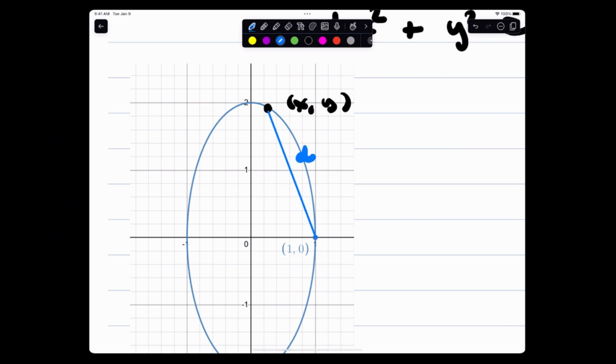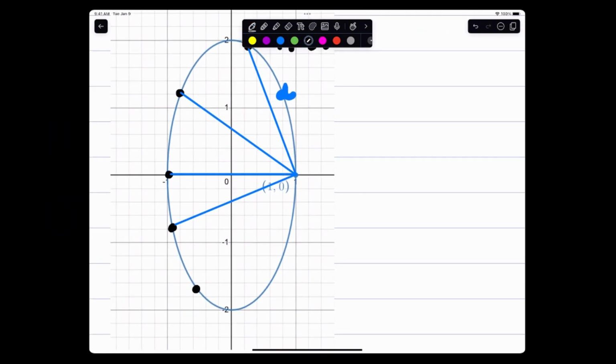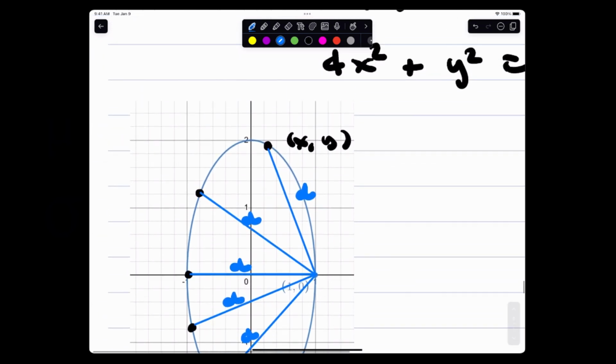In fact, every point has a particular distance d away, and those distances are, for the most part, different. So you have a lot of points on that curve, each at a fixed distance away from the point (1, 0).